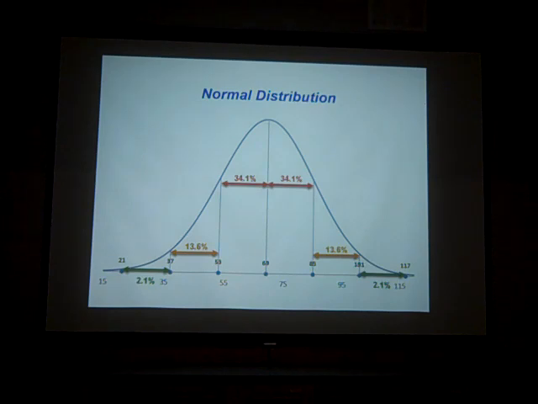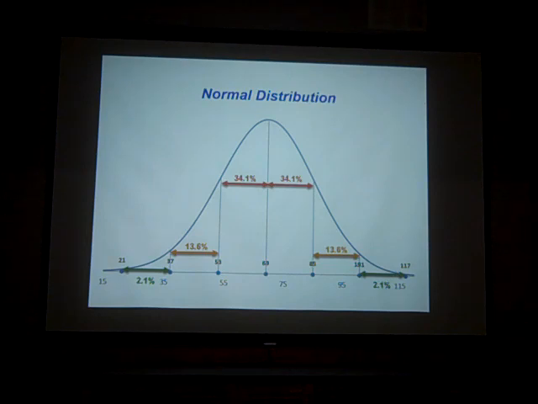An important aspect of it: let's say that the mean of whatever this variable is, is 69. If we go from the mean to one standard deviation above the mean, in this case 85, we have included 34.1% of that population. No exceptions. Hard and fast.